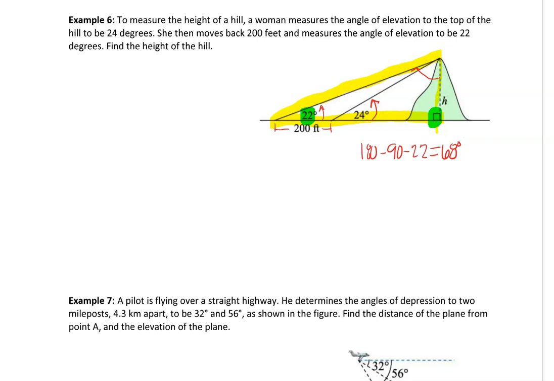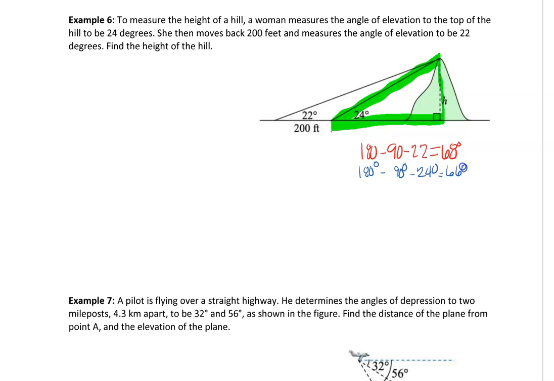Now, if I do the same thing for my smaller triangle, this triangle right here, and I again say, okay, well, that would be 180 degrees minus that 90 degree angle minus 24 degrees. I get an angle of 66, which would be this angle.